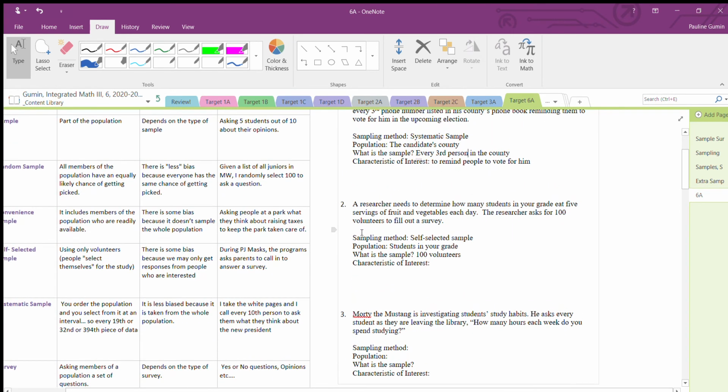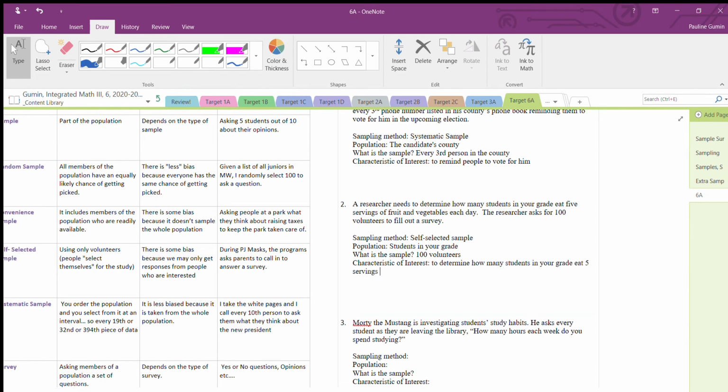Okay. In number 2, what's the characteristic? What is the point of this experiment? It's to determine how many students in your grade eat 5 servings of fruit and veg a day.